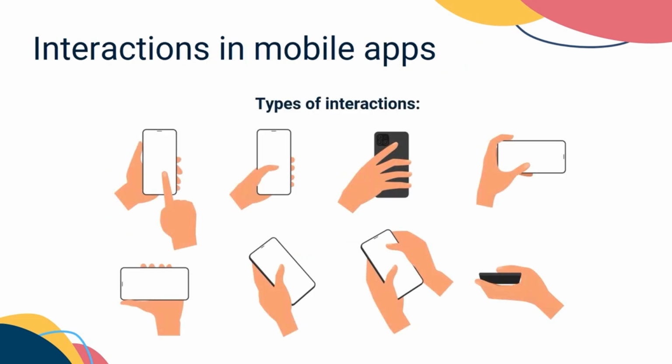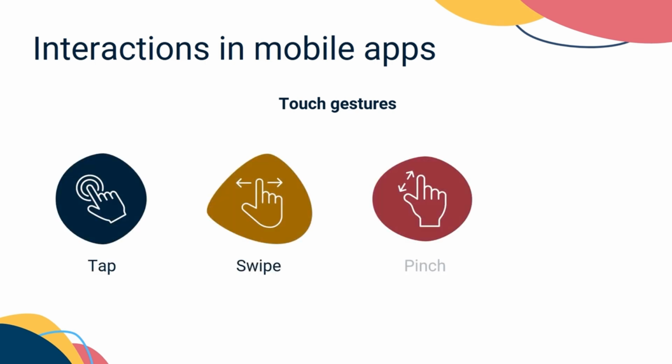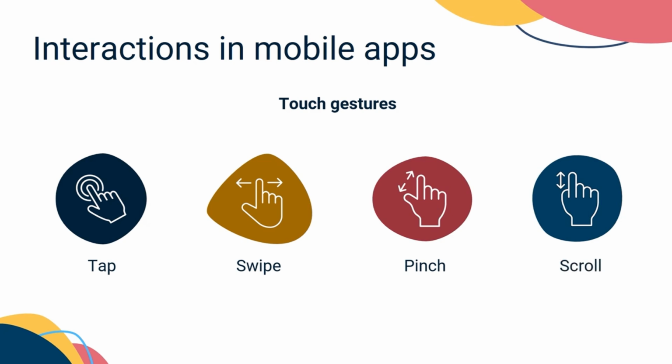While media enhances the visual experience, interactions are how users engage with content. Users engage with the app through touch gestures, clicks, swipes, and other input methods. Well-designed interactions are critical for ensuring a positive user experience. The most common interactions are touch gestures. Users tap, swipe, pinch, and scroll to navigate through apps.